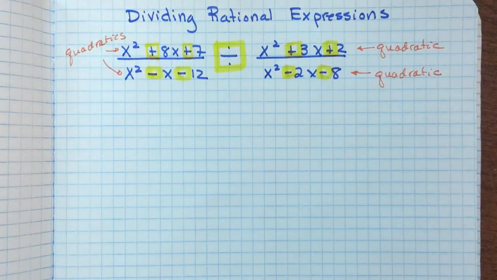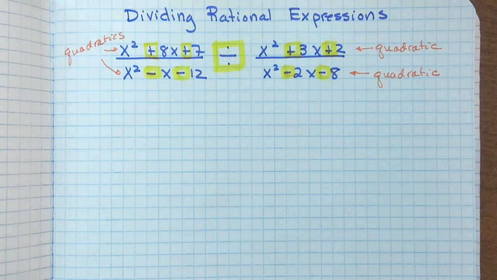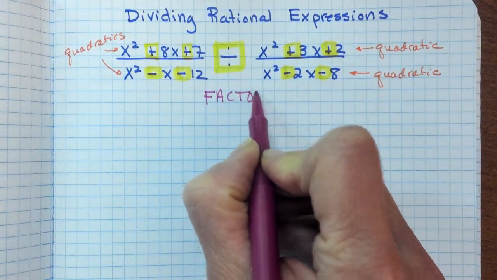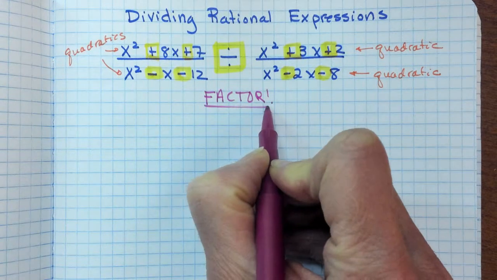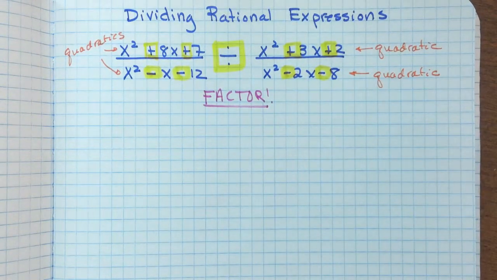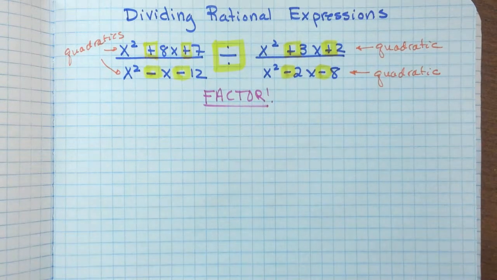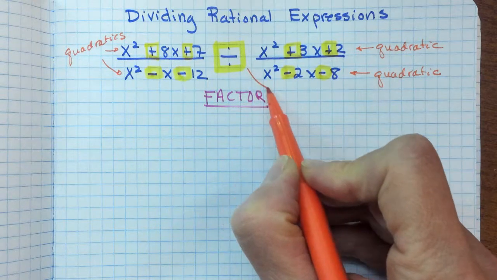So the first thing we want to do is simplify before we do anything else, and the way to do that with quadratics is to do our favorite thing, which is factor. So we're going to factor all of these quadratics. Before I do, however, I want to make sure I set it up as a multiplication problem.